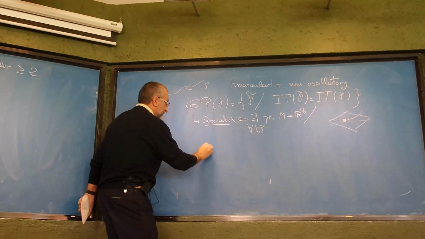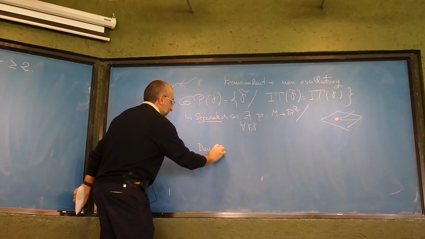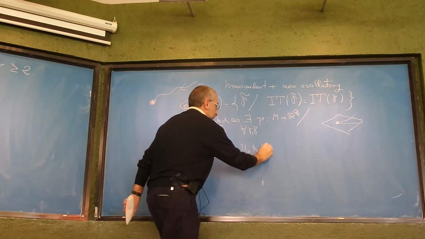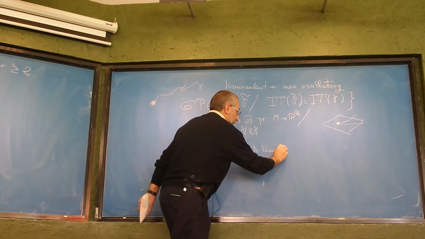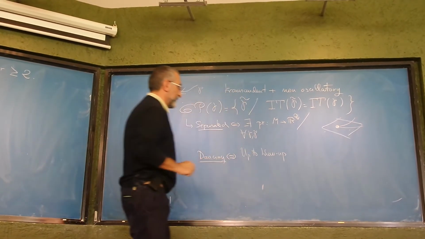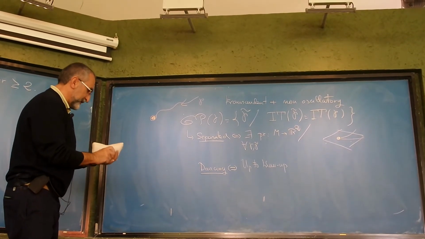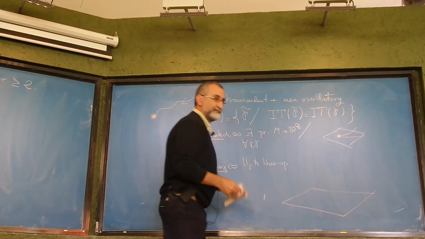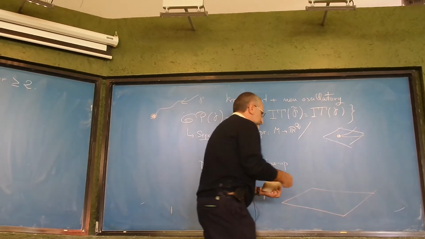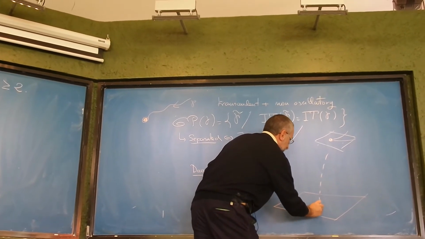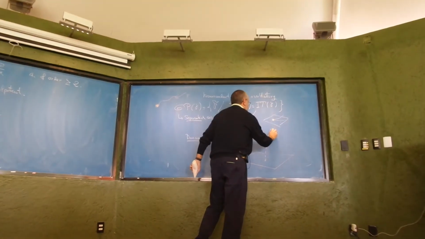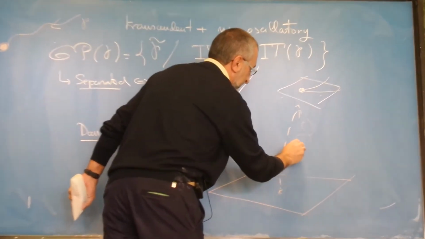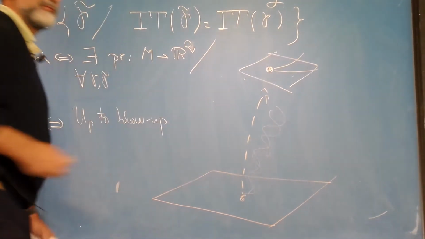And it is dancing if and only if, up to blow-up, there is a situation like the following one. We have a forward curve which is non-singular, and each two trajectories turn around.